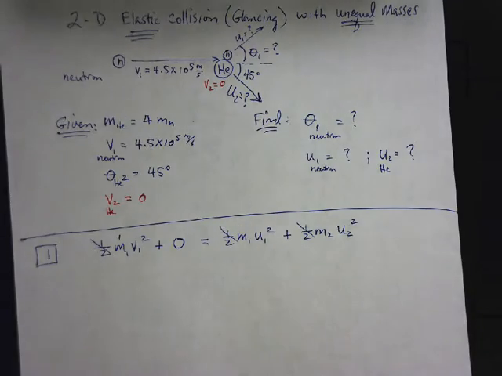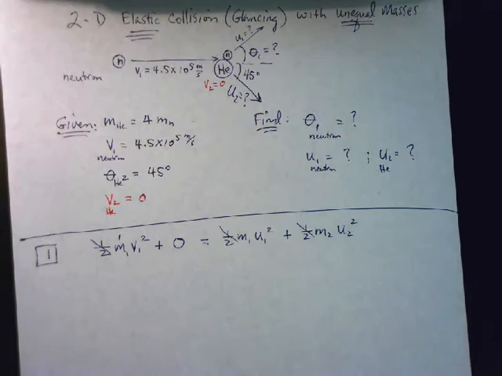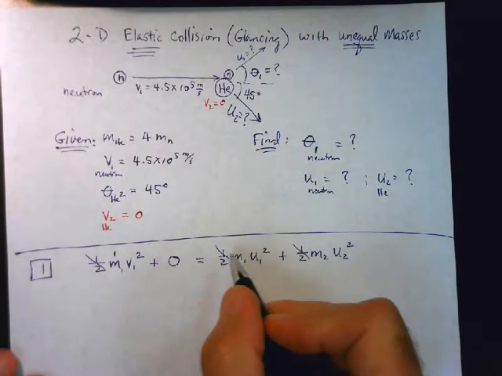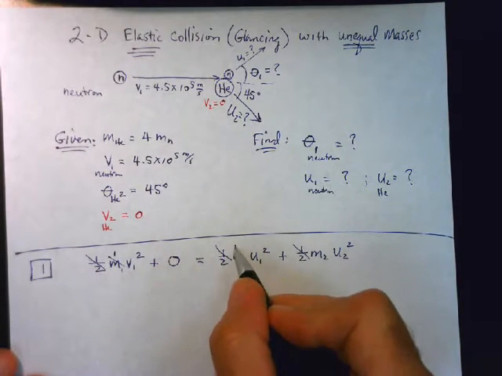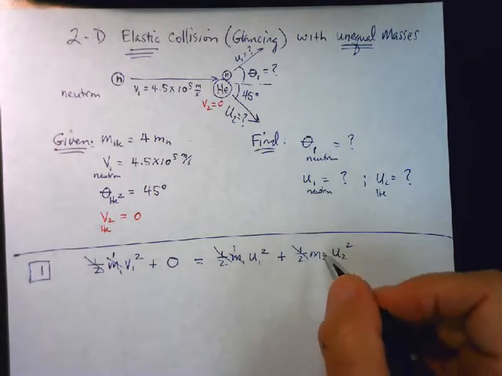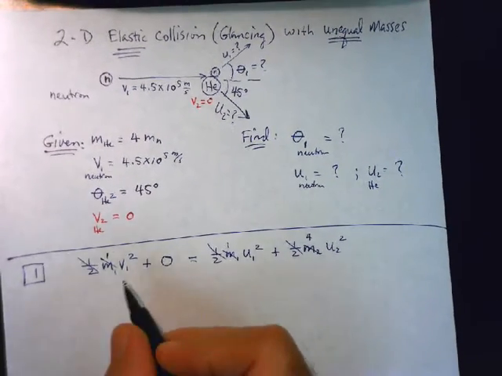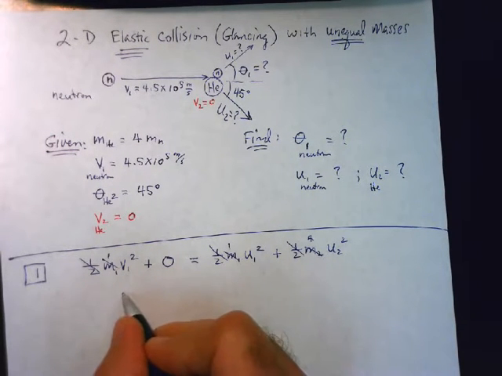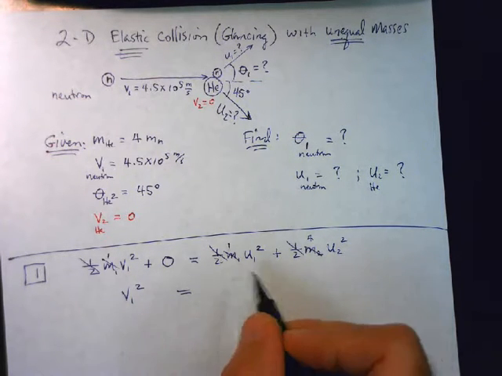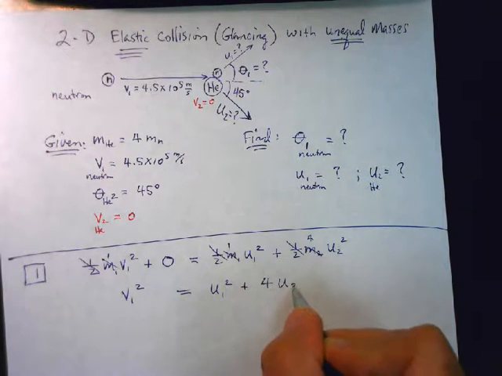Okay, so the mass m1 is 1 unit worth, and then the mass of the helium nucleus is 4 times heavier, so I could just put that in there. And so we'll simplify this. 1 times v1 squared is just v1 squared plus 0, that's just nothing, equals u1 squared plus 4 u2 squared.